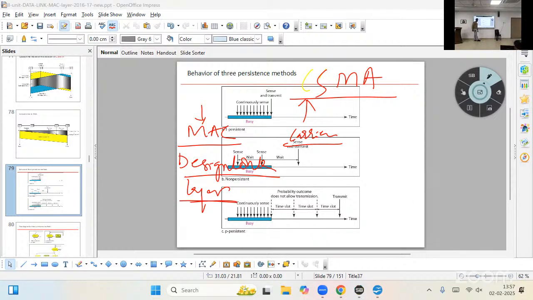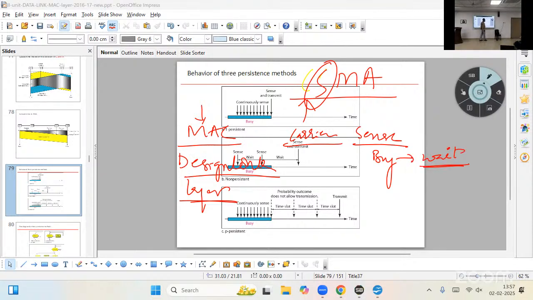Channel allocation problem. If you want to transmit the data, we need to sense the channel. If the channel is busy, we need to wait.